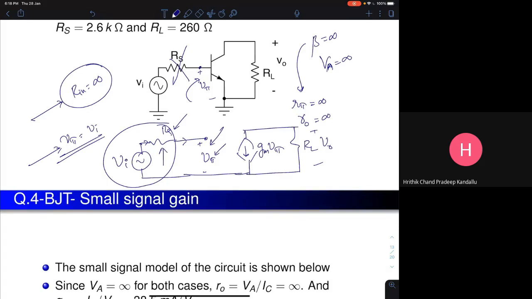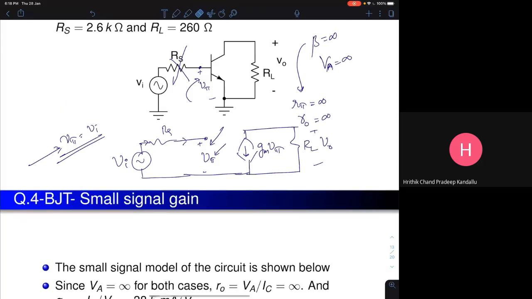So that is one advantage. Whenever you are designing a voltage amplifier which has to take voltage as an input, you will usually try to achieve as high an input resistance as possible. If you have seen in the previous lecture also, I discussed that for an ideal voltage amplifier input resistance should be infinity. So that's what happens here.